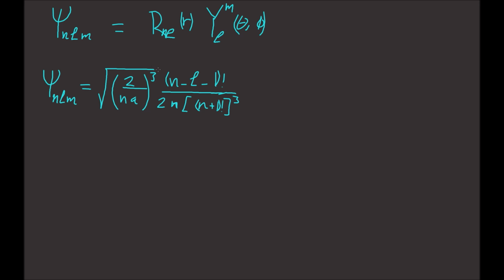So this is our normalization constant, and then we have e to the minus r divided by n a.